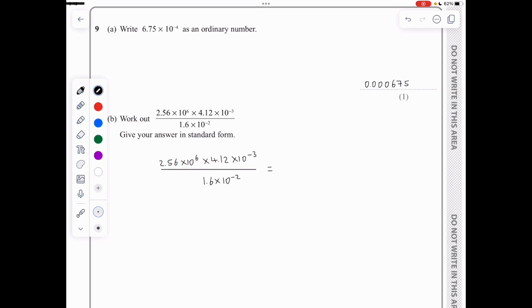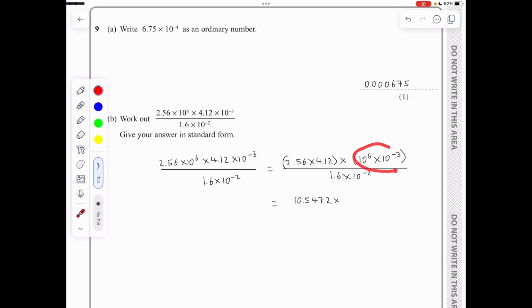So this will give me 2.56 times 4.12 times 10 to the 6 times 10 to the negative 3, and all over 1.6 times 10 to the negative 2. Now 2.56 times 4.12 is 10.5472, and 10 to the 6 times 10 to the negative 3.